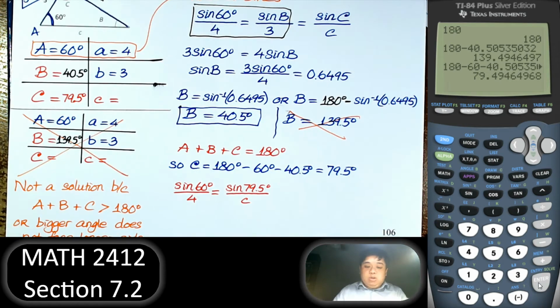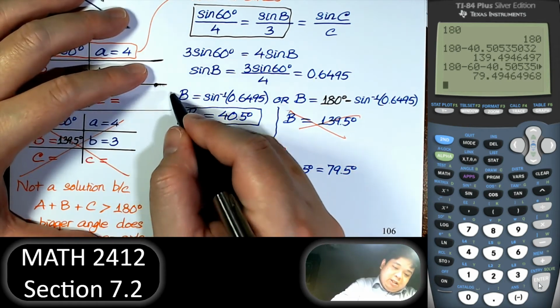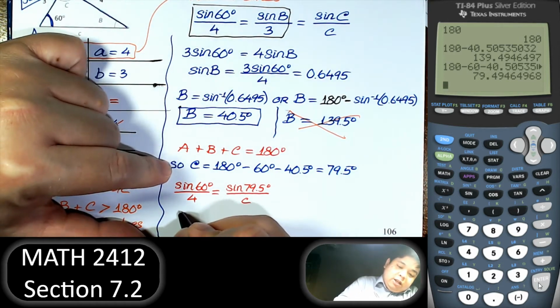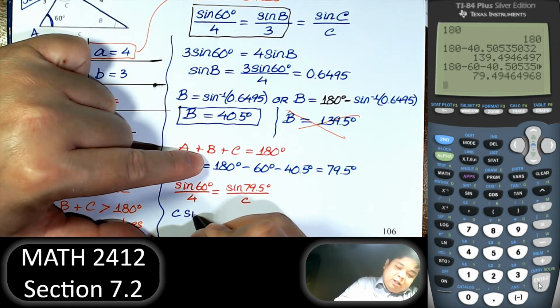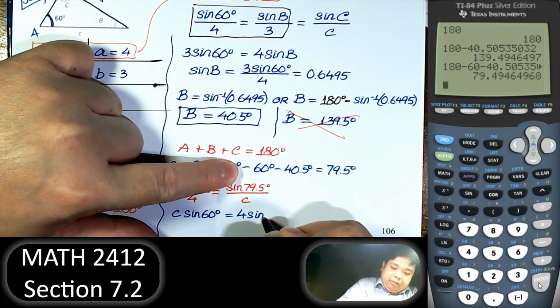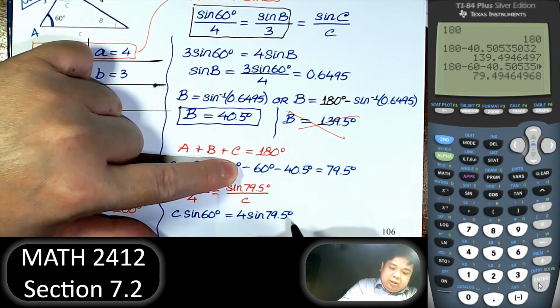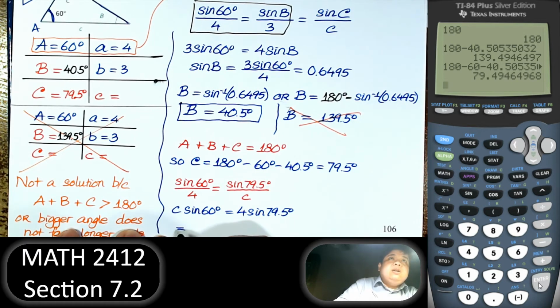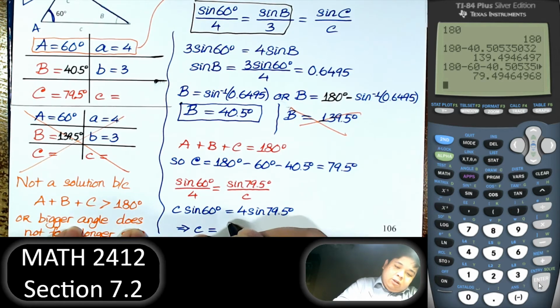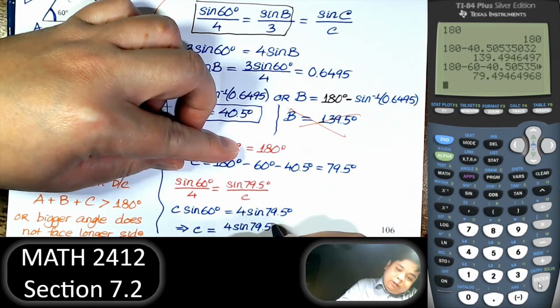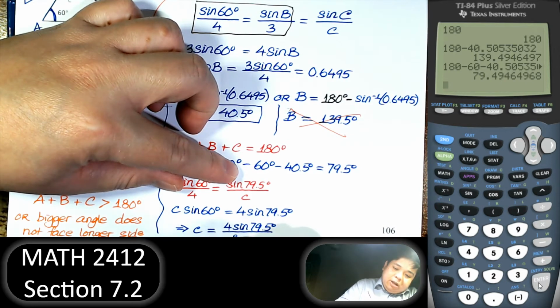So it's easy now. Cross multiply and solve for it. So cross multiply: c sine of 60 degrees equals 4 sine of 79.5 degrees. And so for c, sine of 79.5 divided by sine of 60 degrees.